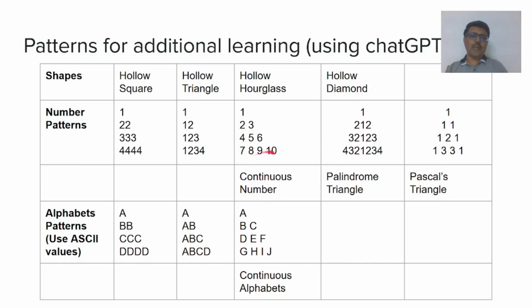Or like the continuous numbers we have done, the same way continuous alphabets A, B, C, D, E, F, G, H, I, J. These are patterns you can also try. I'll give you only one clue: each alphabet character is represented by an ASCII value, right? A starts with the ASCII value 65, so B means 66, like that. With that, you'll be able to make use of it.